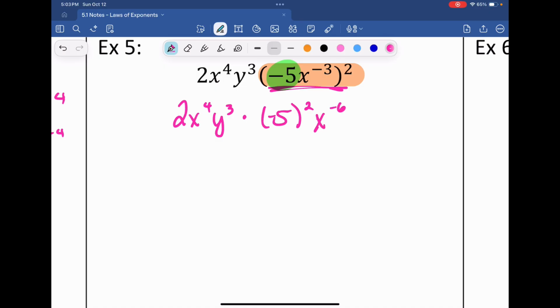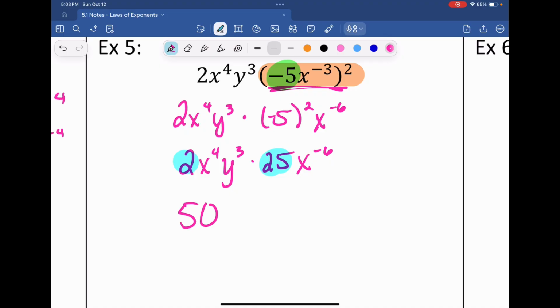All right, still not quite done with that piece. -5 squared is 25. All right, so my coefficients now, 2 times 25. And then I have x's, x to the 4th times x to the -6.